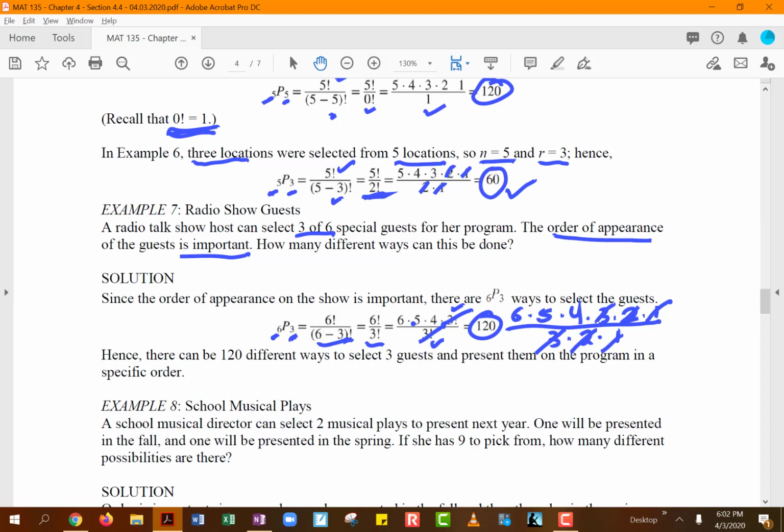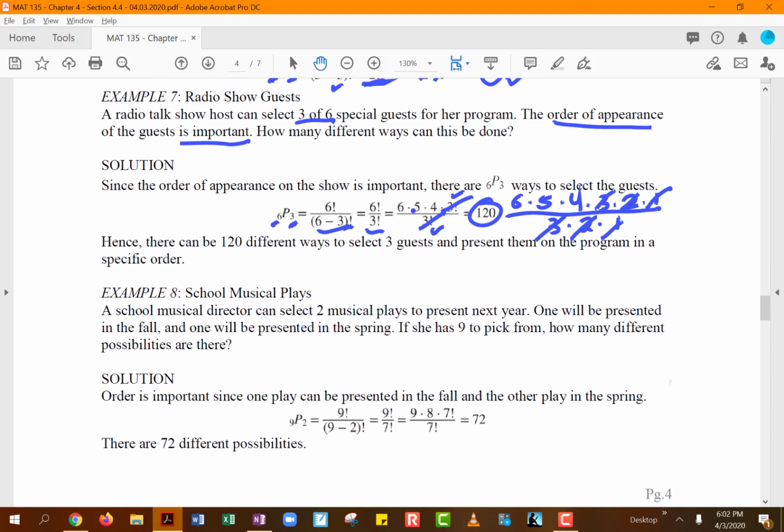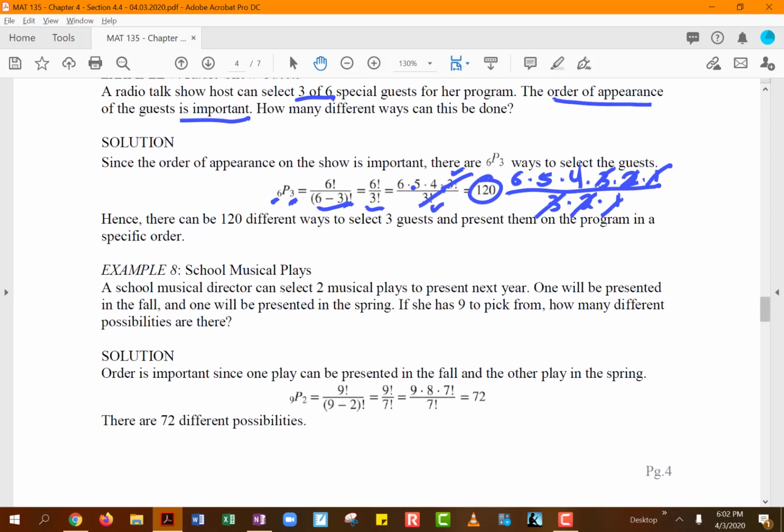Alrighty, so that brings us down to example 8. This one is a school music director who can select 2 musical plays to present next year. One will be presented in the fall, one will be presented in the spring, and she has to pick from 9 different plays. So again, we want to know how many different possibilities there are.